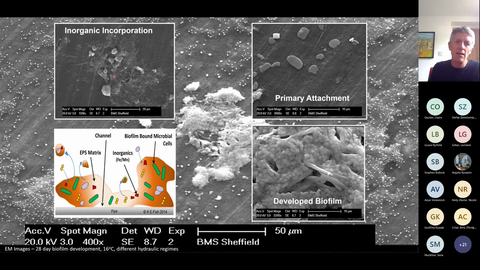Although it's really, really thin, and you can see from the zoom level of these images, we're talking tens, maybe up to hundreds of microns of material stuck on the pipe wall. But again, over that vast pipe surface, that can have a really big dominant impact on our water quality.